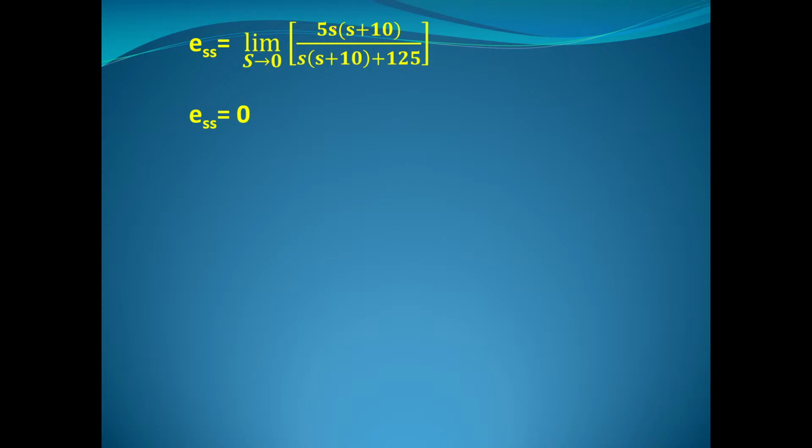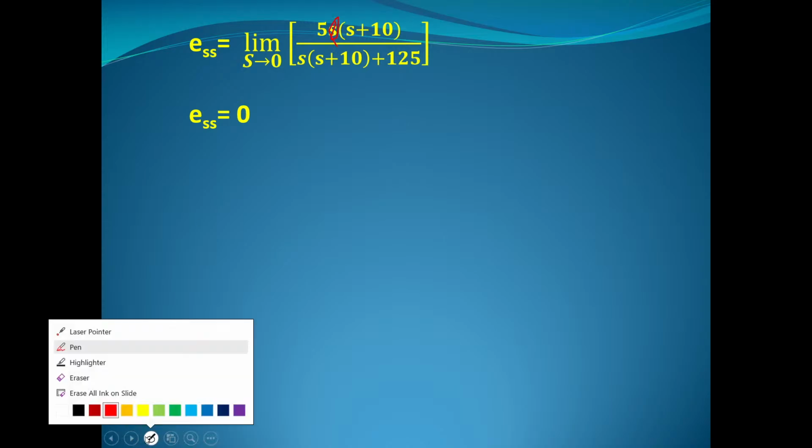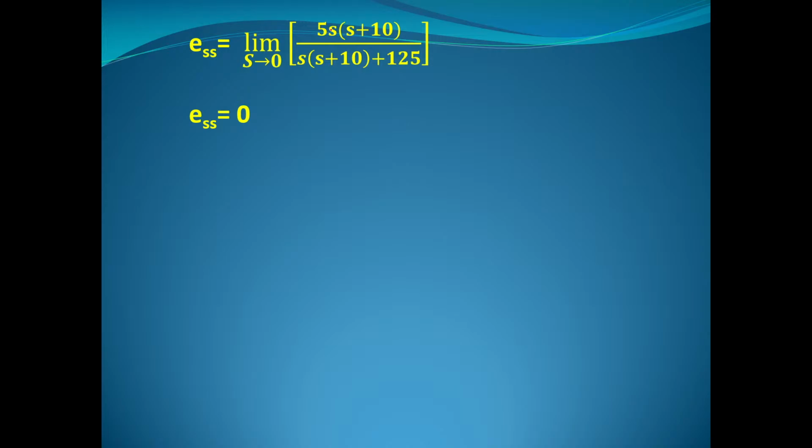You can see here this s is there. Because of this s, the whole term will become 0, because this is 0 when you substitute the limit. So what do you get? You will get 0. So steady state error value is 0.